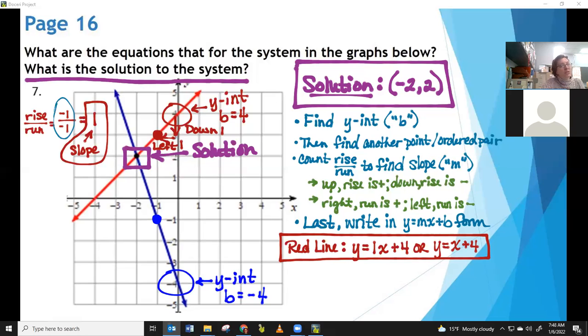All right. You guys want to start at -1, -1, or do you want to start at the y-intercept to do our counting?